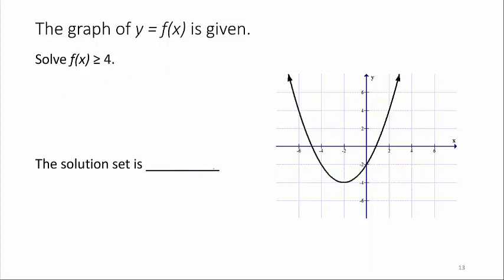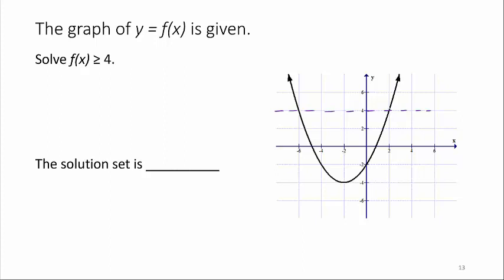Let's look at another example. This is the same graph, the same parabola we were using, but this time we're asked to solve f of x greater than or equal to 4. With that same concept in mind, I've got y greater than or equal to a number, and that number in our case is 4. So I'm going to put a horizontal line there at y equals 4. I want to know where this graph is above that line, because I have greater than or equal to 4.